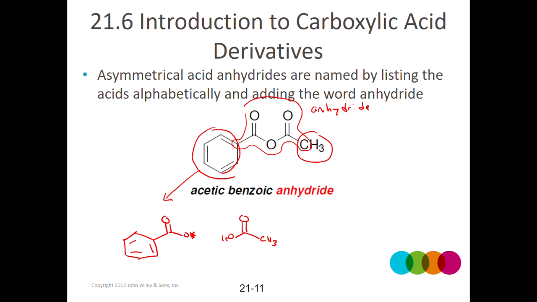So if we take away the hydrogen and the OH, so we're basically removing a water molecule, and then we connect this oxygen up here, that will make the anhydride. So this anhydride is made from benzoic acid and acetic acid. So it's acetic benzoic anhydride, as would be listed alphabetically.